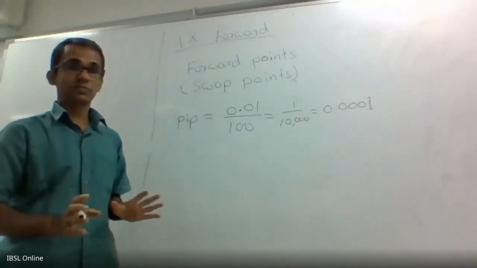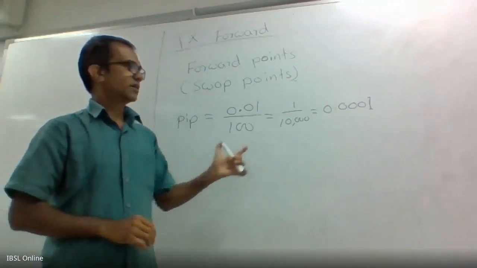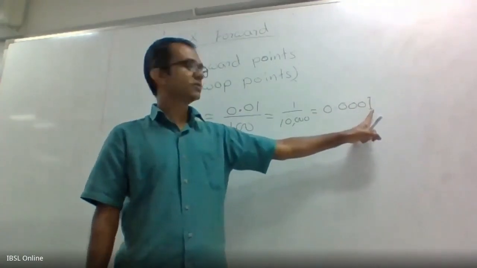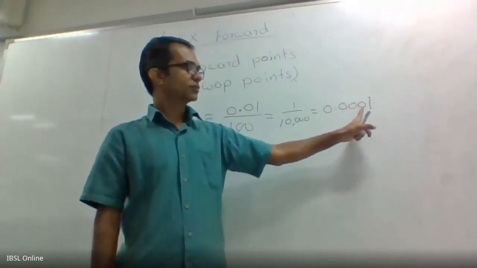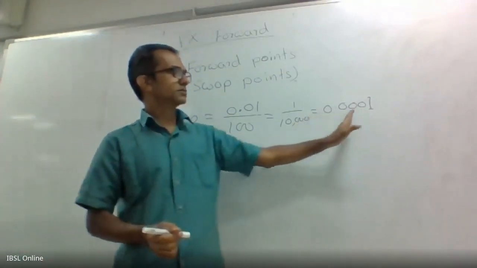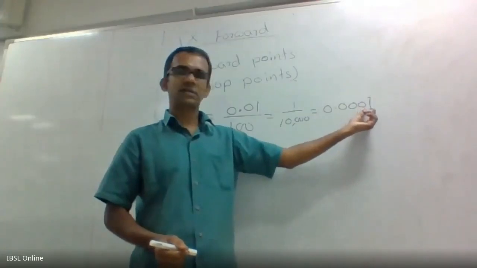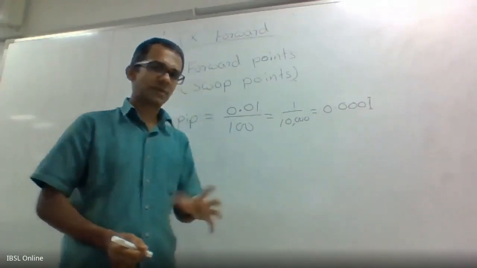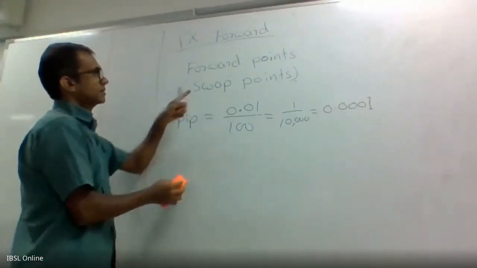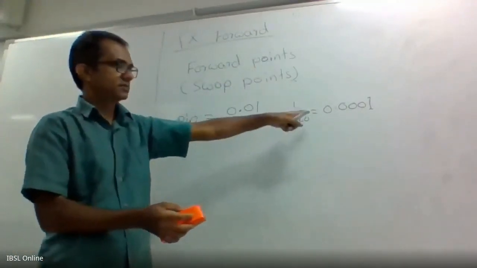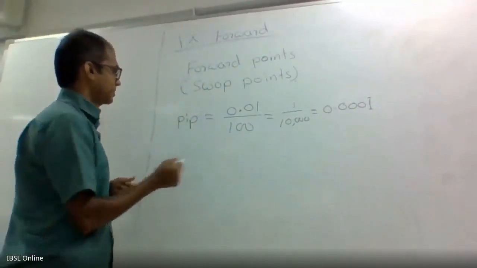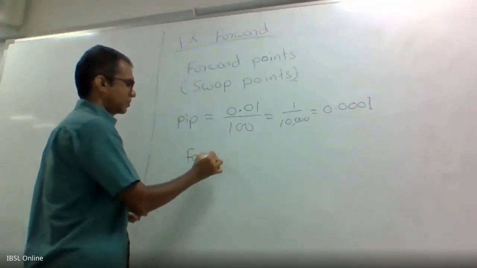Most of the currencies' exchange rates are quoted to 4 decimal points. The last one we call a pip. Last 2 digits we call pips. In quoting, we don't quote the whole figure. We just quote the last 2 pips. So we discussed that last week. The points, same thing. We refer to these points at the end, but how do we calculate forward points?